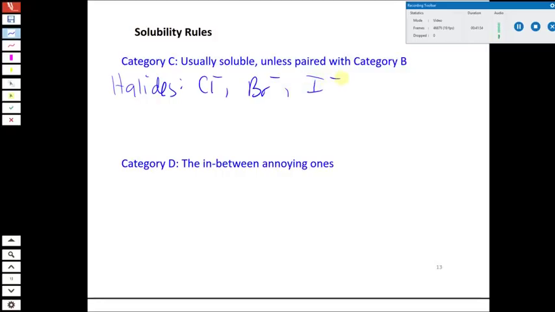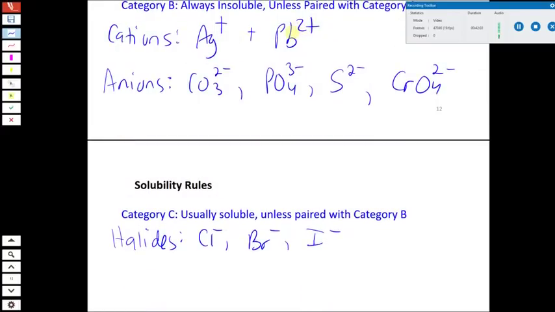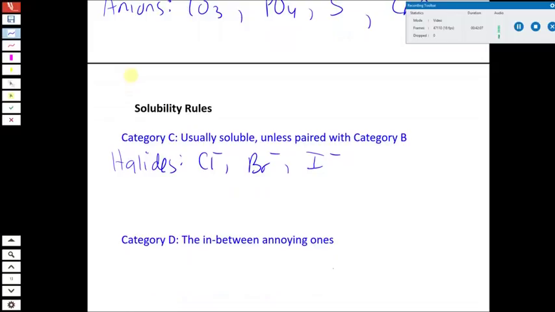So ionic compounds that have chloride, bromide, iodide as the anion, those are usually soluble unless they're paired with silver or lead. Remember, those are always insoluble in most cases, so if they're paired with a category B cation, they would be insoluble.